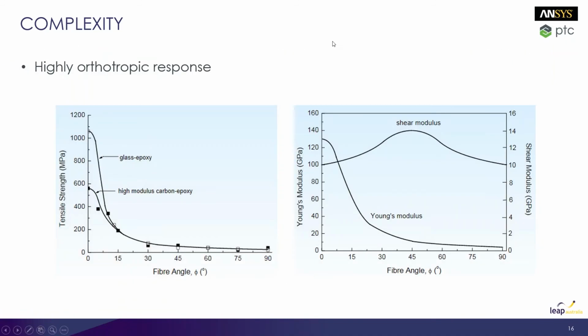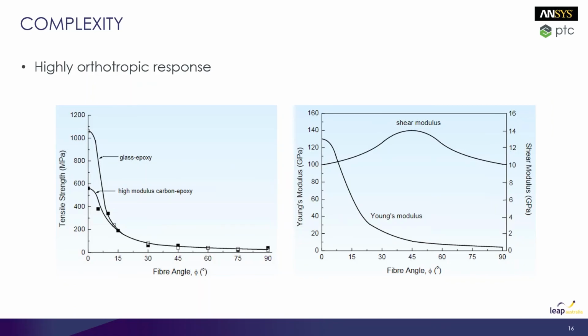So another complexity is the highly orthotropic response of these type of materials. I mentioned it before, when we're looking at a composite material, generally we'll have long fibers aligned in a specific direction. And so if you're loading the material along those fibers, it will be incredibly strong.